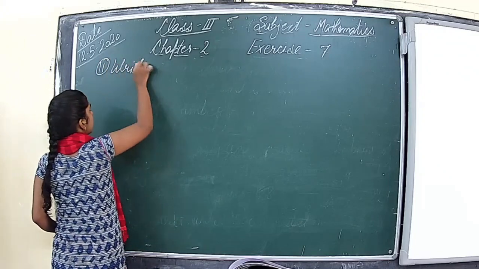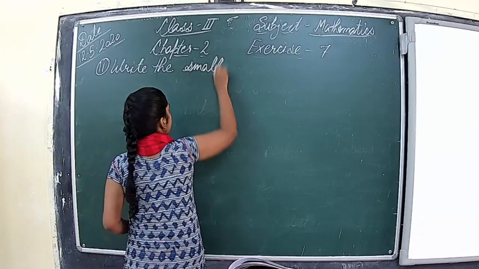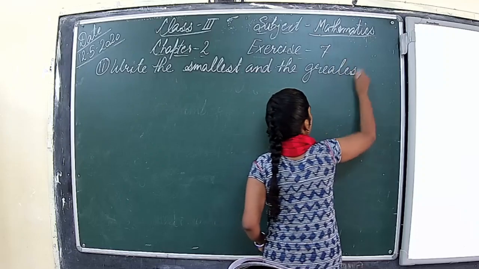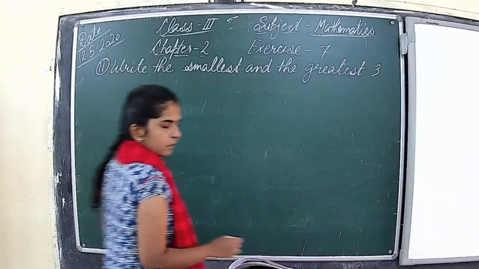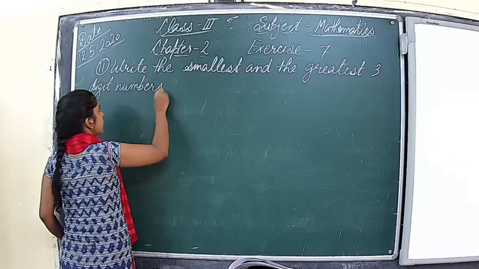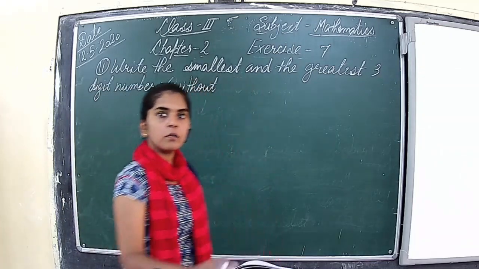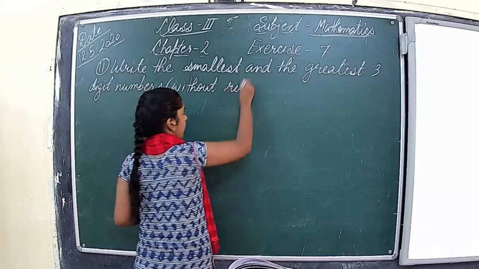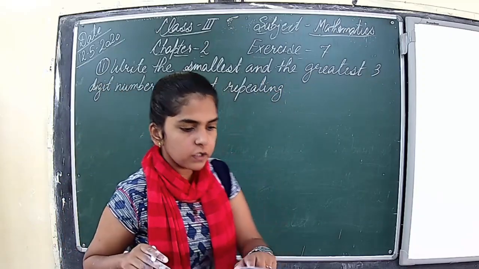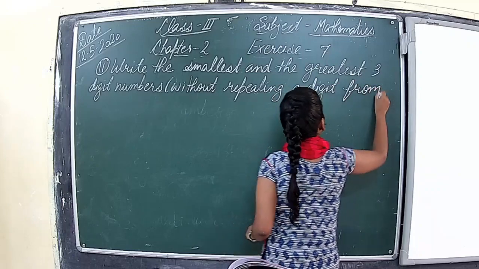Write the smallest and the greatest 3-digit numbers without repeating a digit from the following digits.